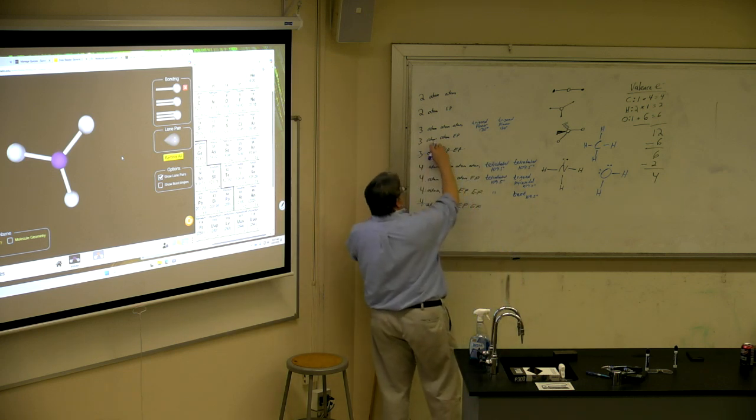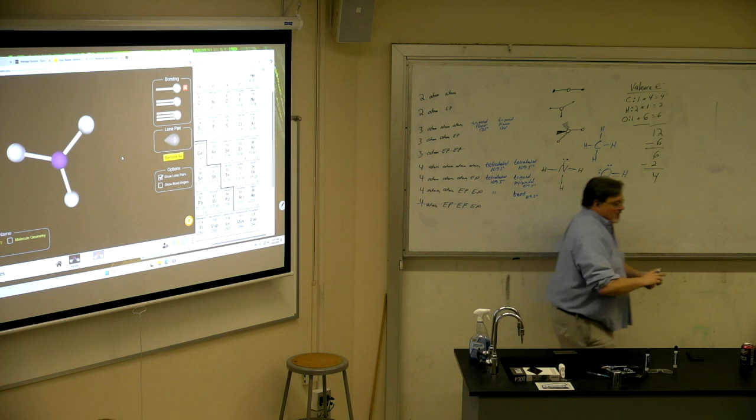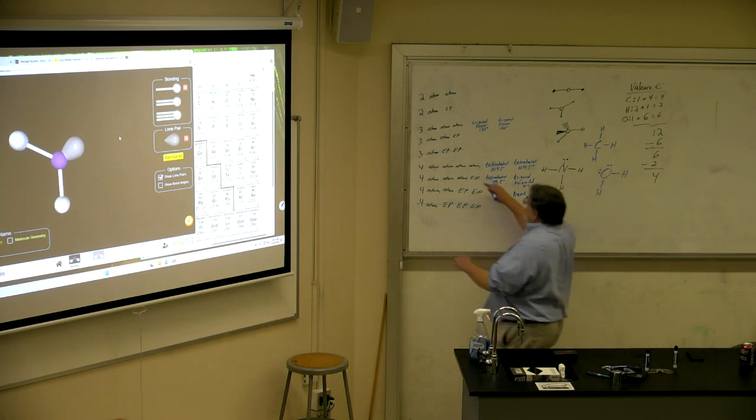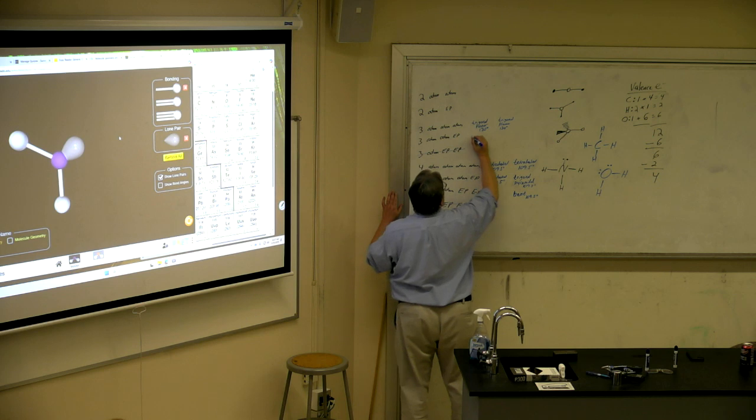Okay. It's this case that we get something different. So still three things around it, but one of those things is a pair of electrons. So we would say that's 2 atoms and 1 pair.